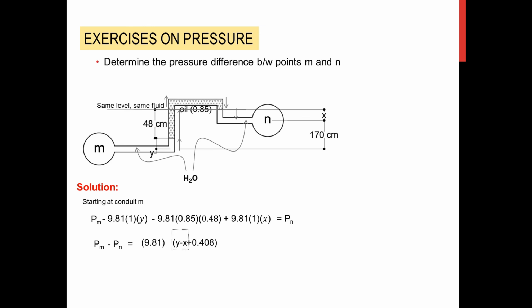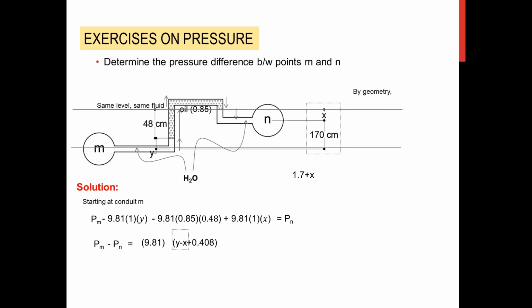Notice here in our equation that there will be two unknown variables further added in the equation. So don't worry about that. We can deal with that by geometry. Considering that this level are equal on left portion and the right portion. So therefore, x plus 1.7, by the way, 170 centimeter divided by 100, that will equate to 1.7 meters.